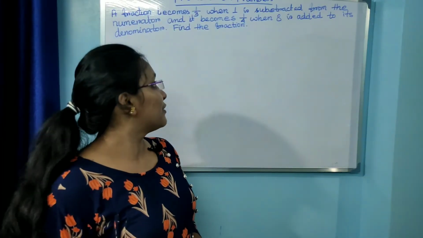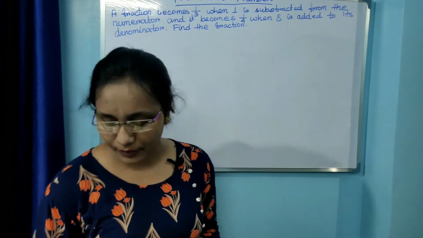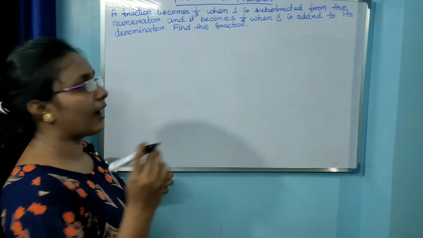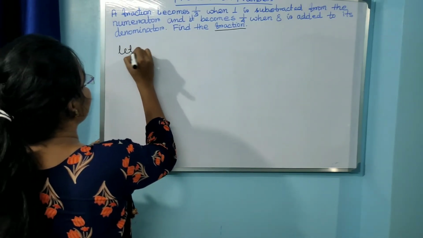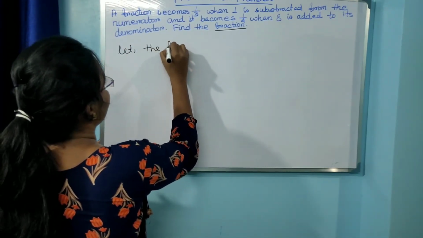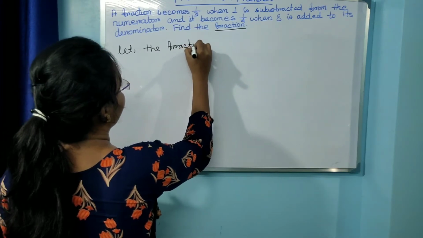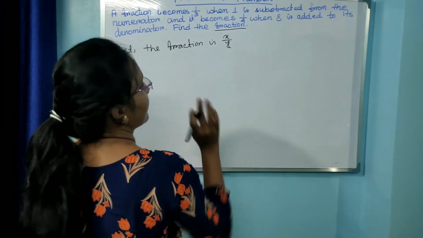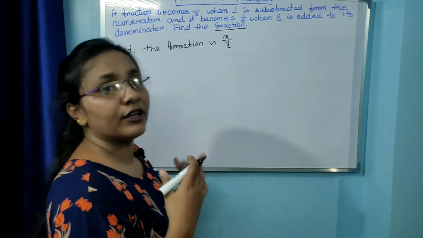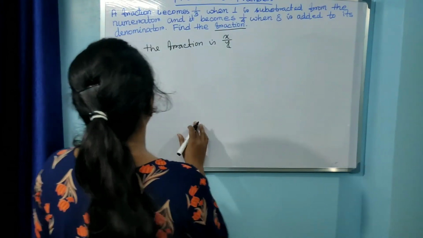Okay, so this is another type of problem. See, here you have to find the fraction. So simply let the fraction be x upon y. Now you have to construct the equation.